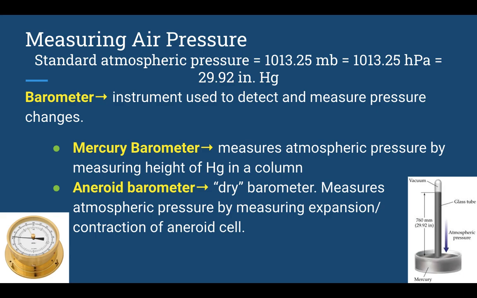Mercury barometers were pretty popular for a while, and they measure atmospheric pressure by measuring the height of mercury in a column. The barometer that I have in my classroom is an aneroid barometer. This is called a dry barometer because it doesn't have a liquid in it, and it measures the atmospheric pressure by measuring expansion and contraction of the aneroid cell.